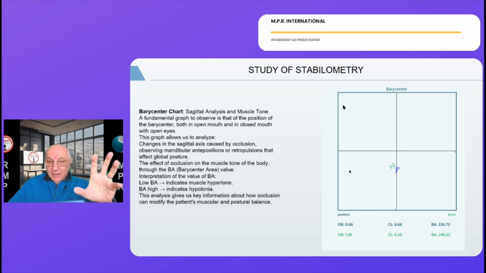And we measure that with the mouth open first and the eyes open, and then with the eyes open and the mouth closed. And we will see the effect of the craniofacial system on the body posture. And that's very important to understand if we are in a good central relationship and a good vertical dimension.